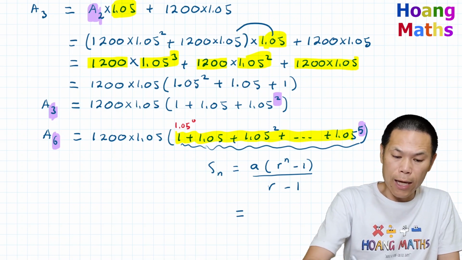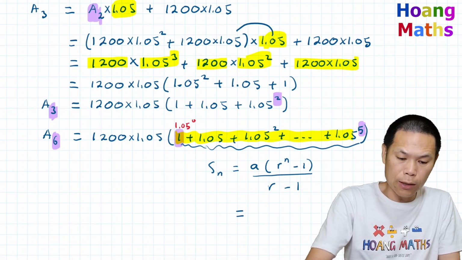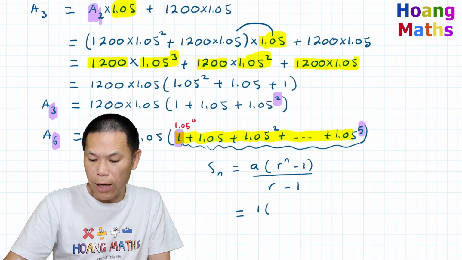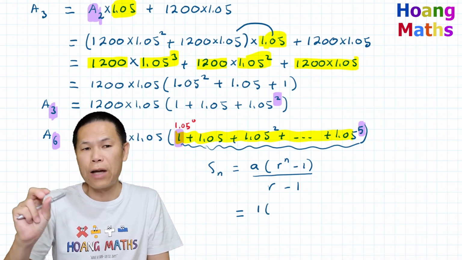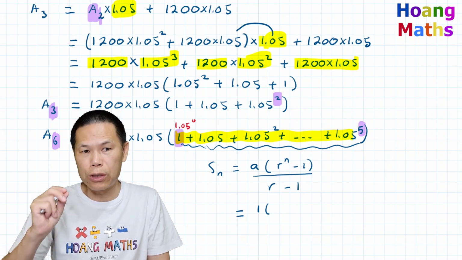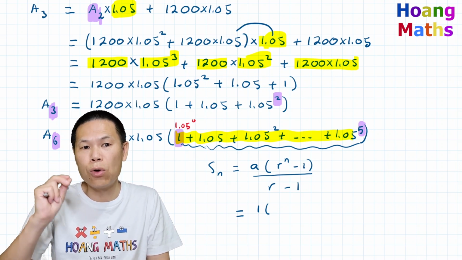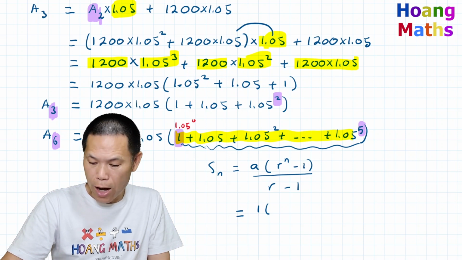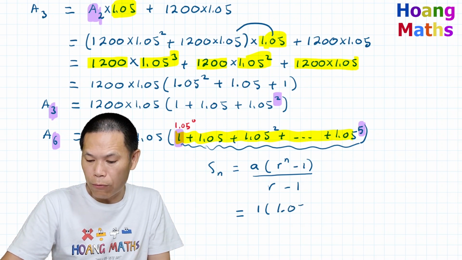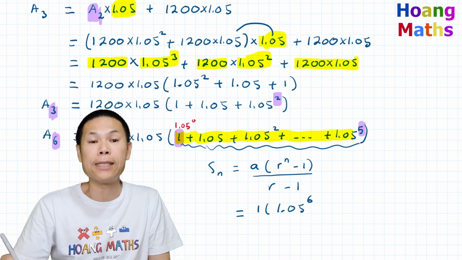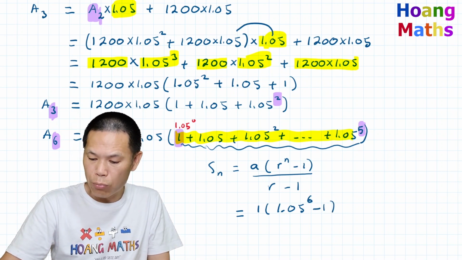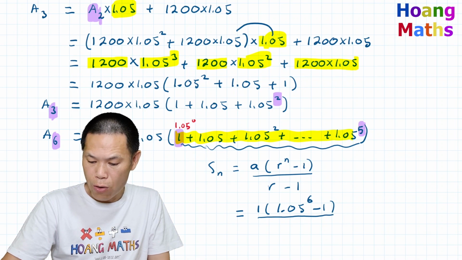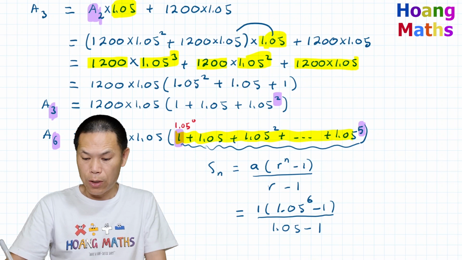R is 1.05 because 1.05 divided by 1 is 1.05. So I just use term 2 over term 1. So R is 1.05 power n. N is 6 because 6 terms altogether. And we minus 1 brackets over 1.05 minus 1. So there you go.